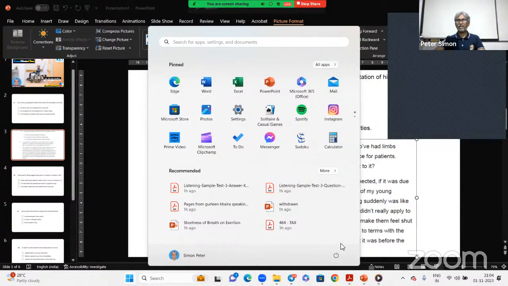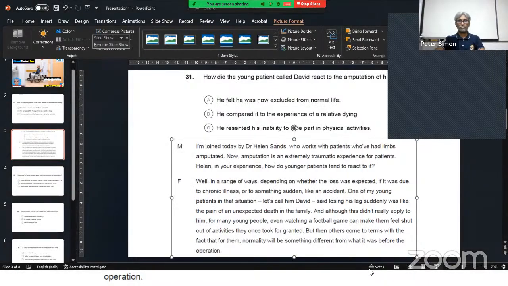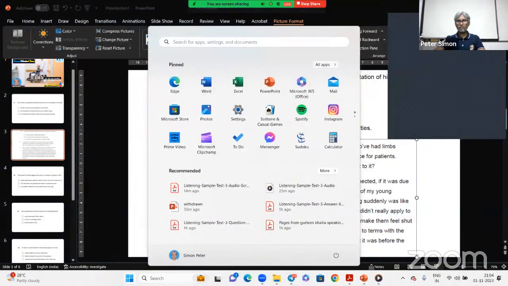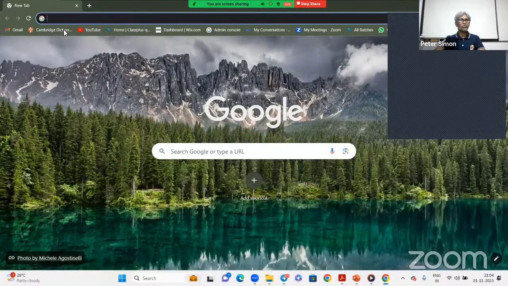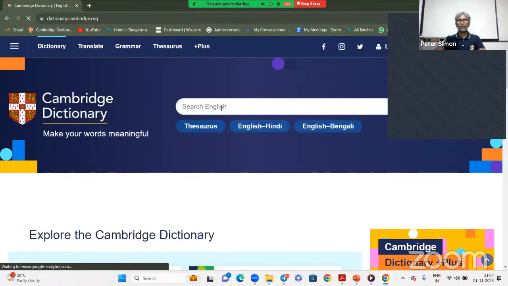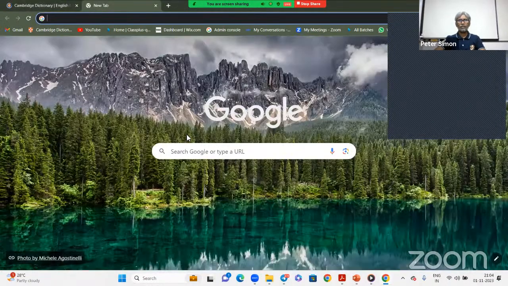Muthu Lakshmi, spelling problem. You made a mistake. Correct it. Not Cambridge Dictionary, general.